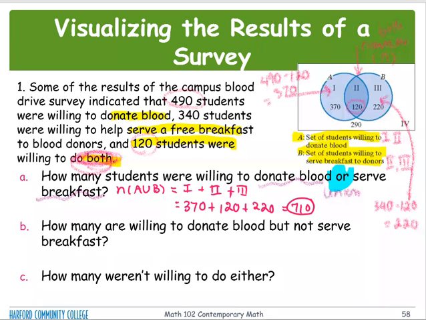In part B, it asks how many are willing to donate blood but not serve breakfast. So highlight the key term, but not.